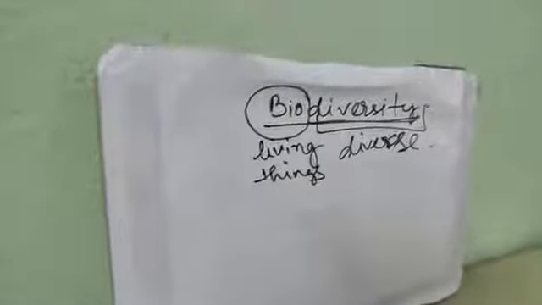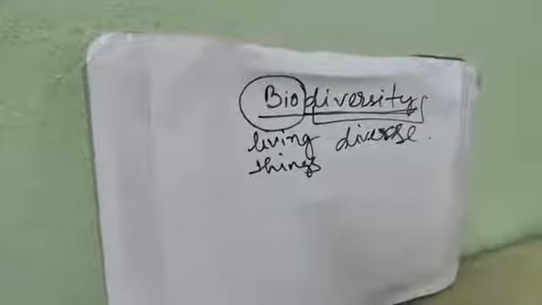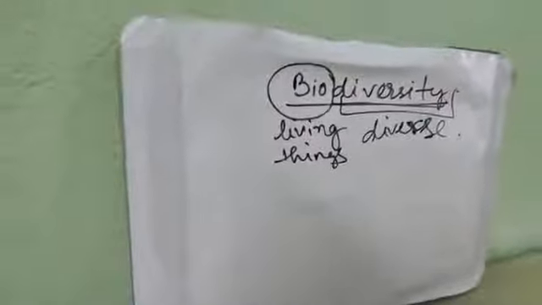That means there are so many types of species present in a geographical area, or in a particular region, or in the total earth. This is termed as biodiversity. That means diversity in the living things. Am I clear to the point?